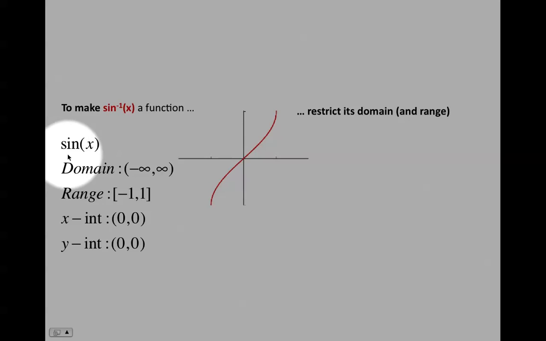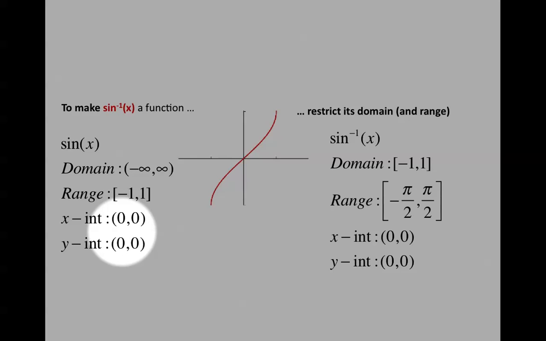Now let's compare the two. Sine of x has a domain of all real numbers, a range from -1 to 1, because that's basically the radius of the unit circle that's driving that, and intercepts at 0, 0. Sine inverse then, for its domain, has the range of sine.